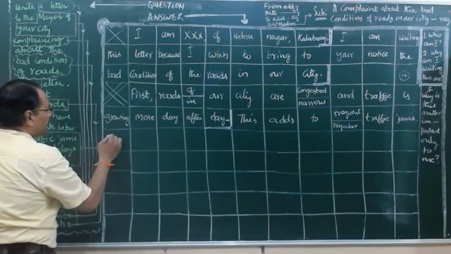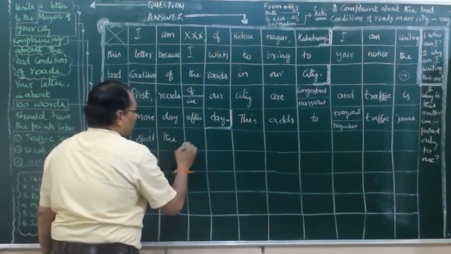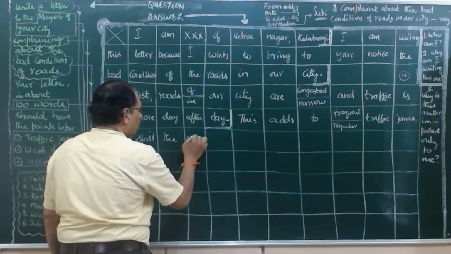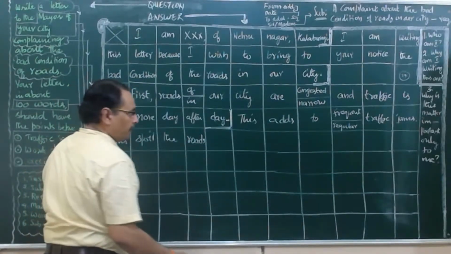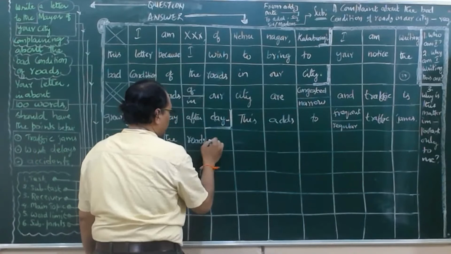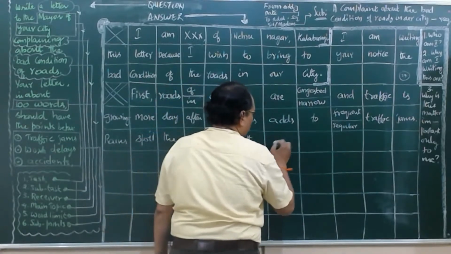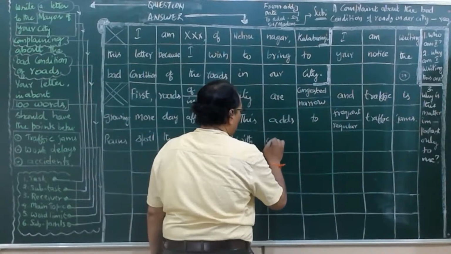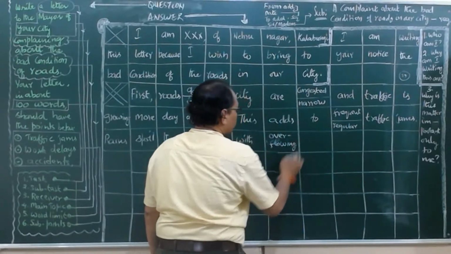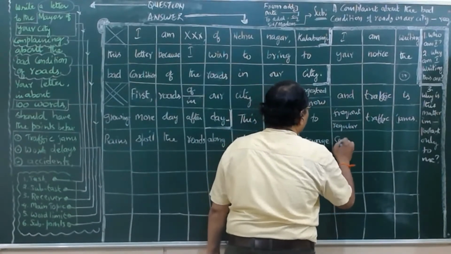Adding to this, rains spoil the roads. Rains spoil the roads, as well as, 3 words, so it's a substitute, along with overflowing, one compound word, overflowing sewage content.